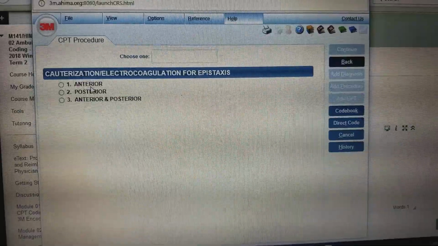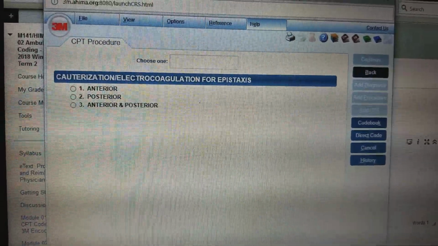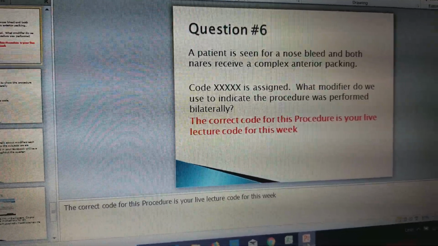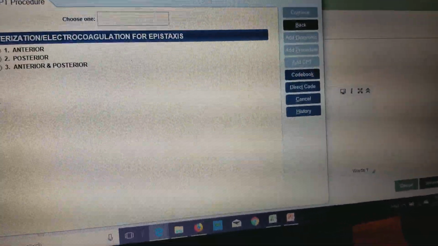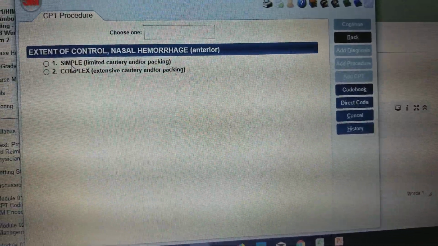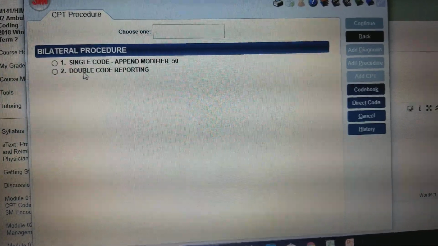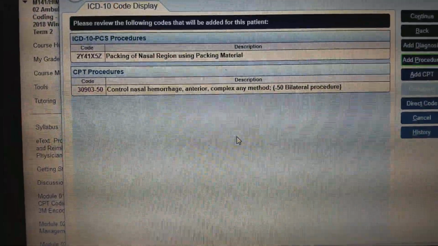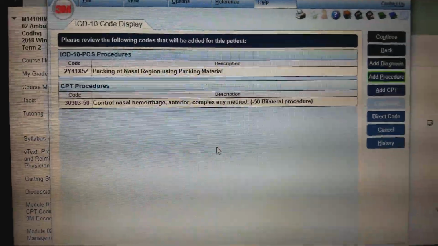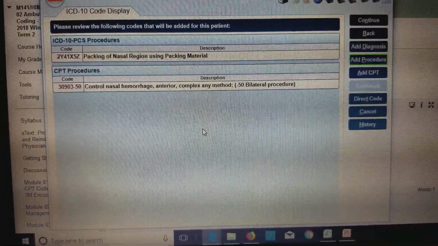Cauterization, packing, and I believe it said, nosebleed, both nares, complex anterior. So anterior, complex, bilateral because it was both nares, and we want to use the modifier, which was given. So 30903-50.